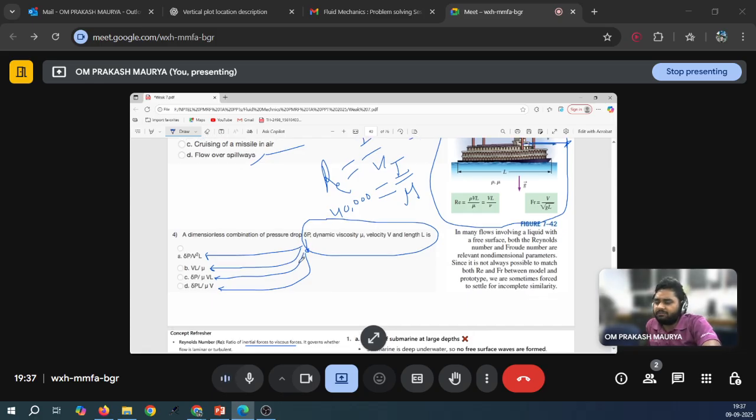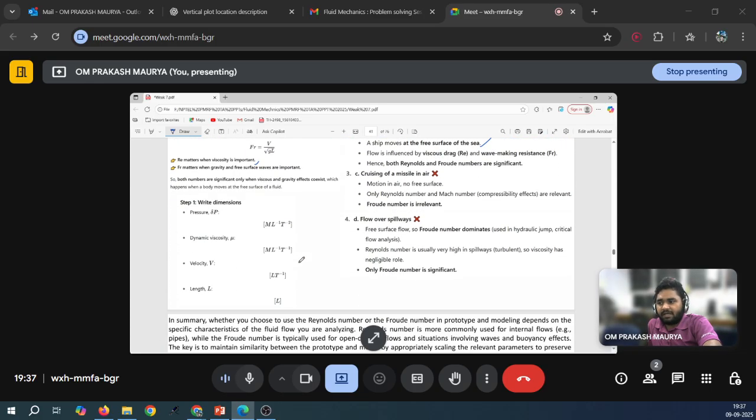So you can proceed with this approach. I have already written here. The dimension of pressure is M L minus 1 T minus 2.